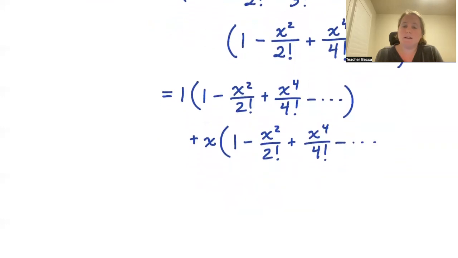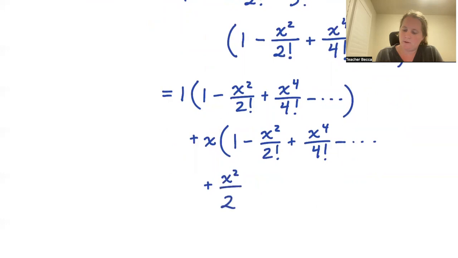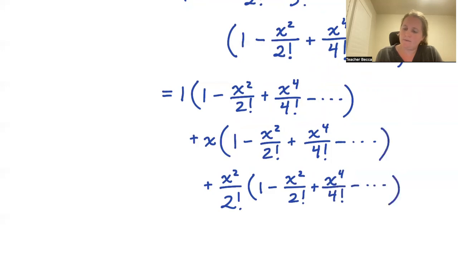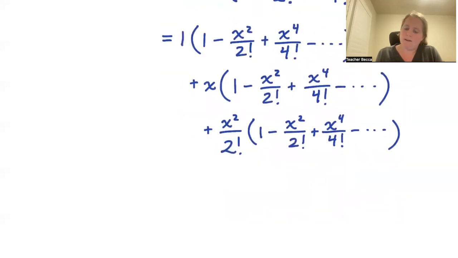We could distribute in the x squared term. We would have plus x squared over 2 factorial times 1 minus x squared over 2 factorial plus x to the 4th over 4 factorial minus ... And then we could multiply in the x cubed term.